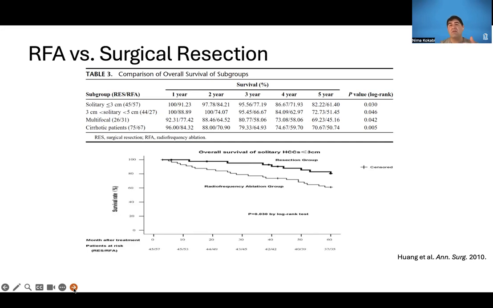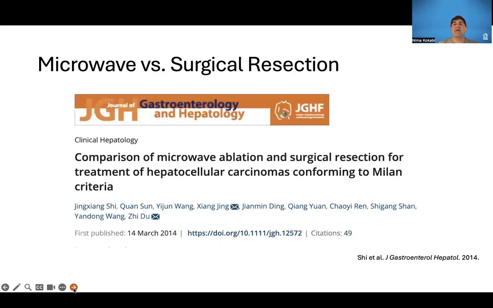And this study really swayed the conversation towards more surgical resection if patients were surgical resection candidates compared to RFA because of the limitations of the technology with RFA. But as I said, microwave, at least technologically, is more advantageous to RFA because you get better burn and more uniform distribution. And that is evident by the study that I'm about to share with you.